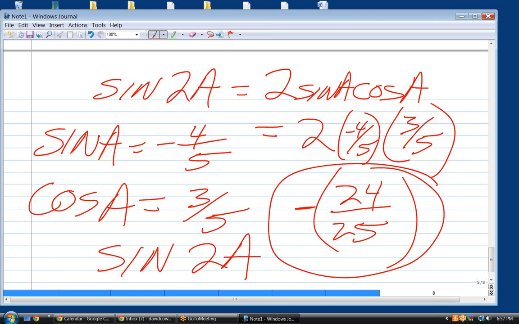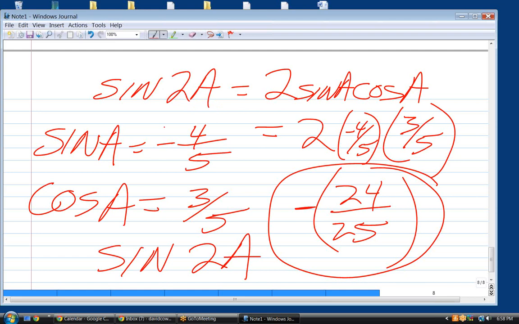Now, A is in the fourth quadrant, right? So 2 times A would probably put it in the second quadrant. Actually, let's say A was 300 degrees.